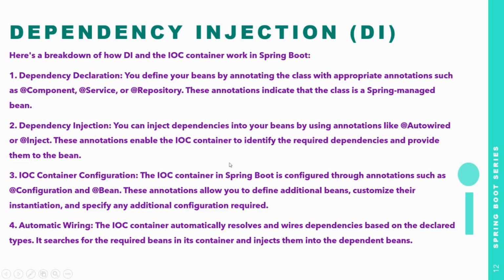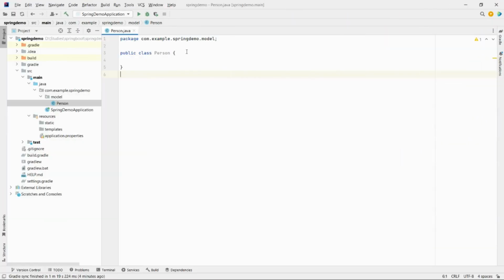Let us go to our code example. In our code example, let us understand how dependency injection and the IOC container help us in creating loosely coupled code, and how they help us in creating a bean, an object, for our code. Let's say I have a Person class, and a Person can have a name and a job.